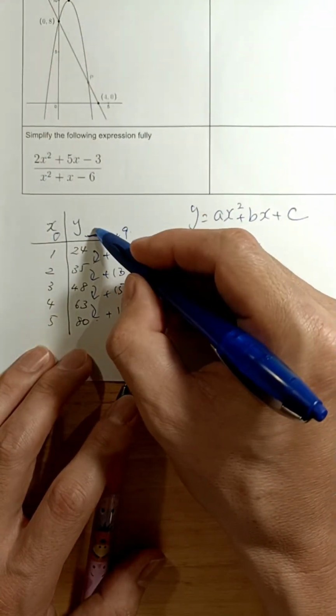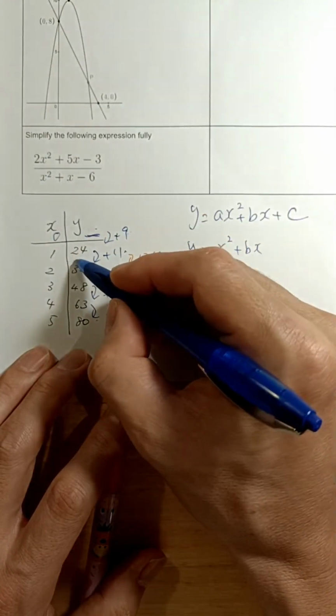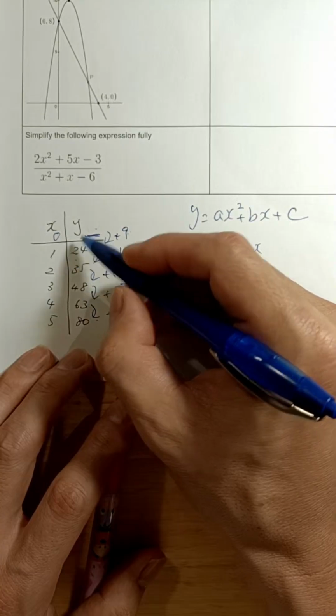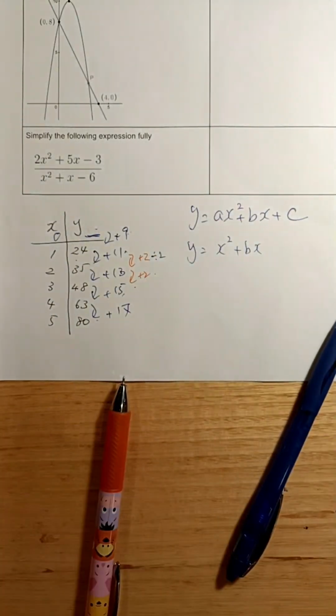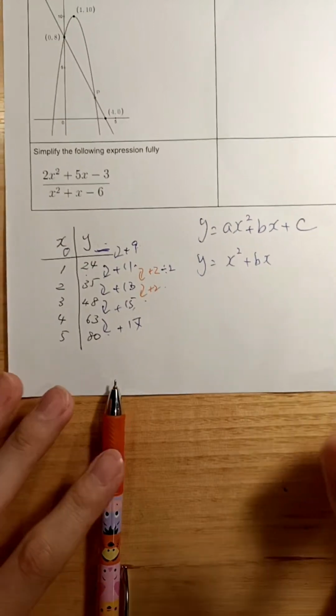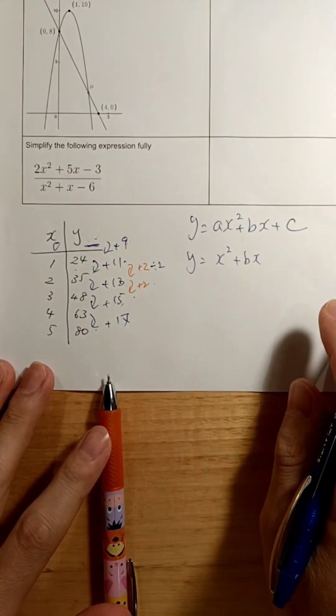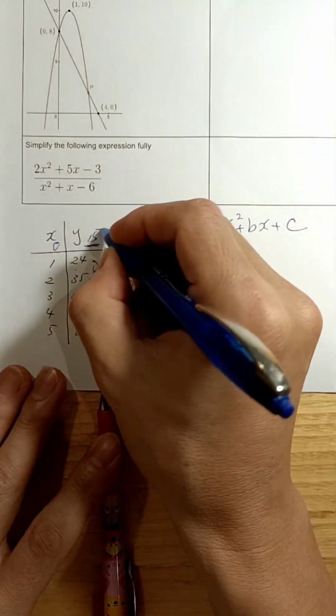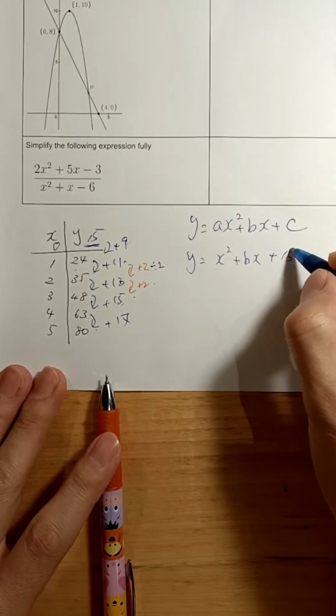So this number plus 9 gives you 24, which means 24 take away 9, which is 15, isn't it? So c value is 15.